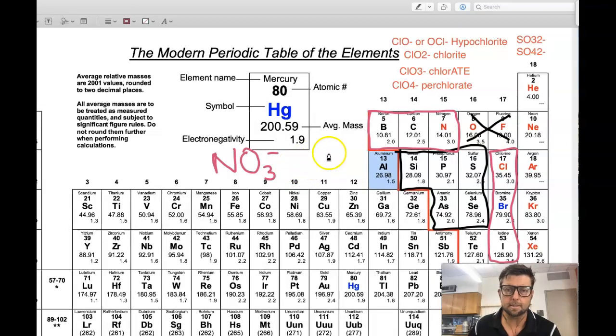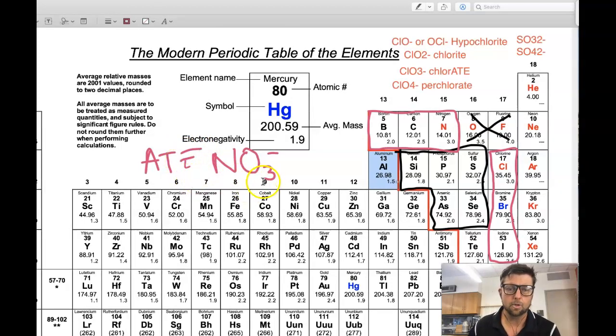So all the outers, if the suffix is ATE, then it's going to have 3 oxygens.